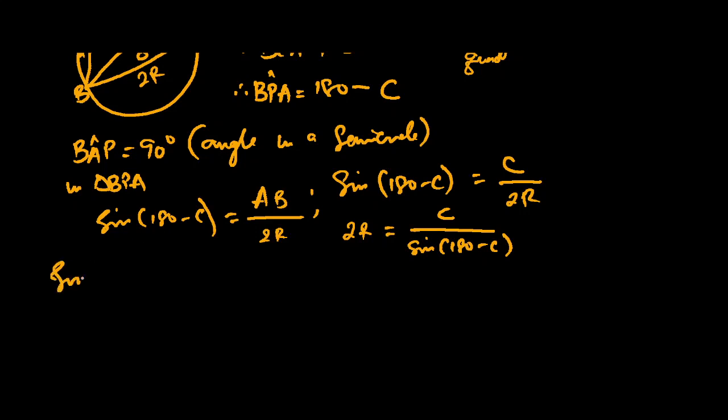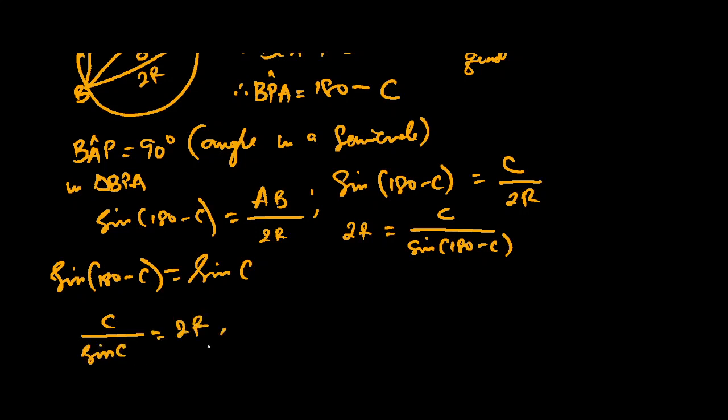Therefore, sine of 180 minus c is equal to sine of c. Am I making sense? So we have small c all over sine c equal to r.